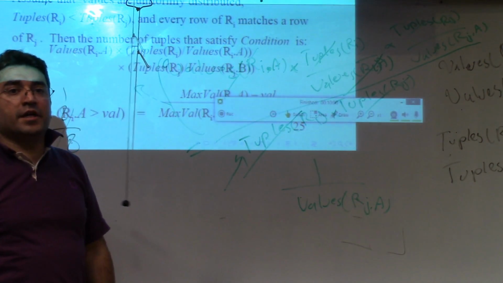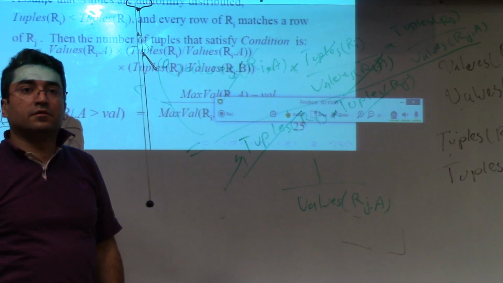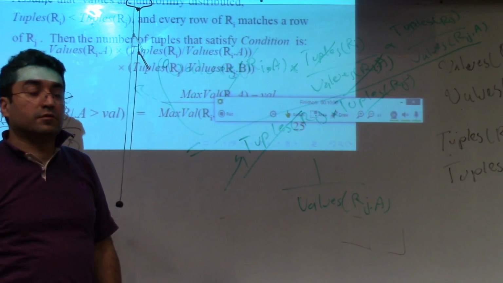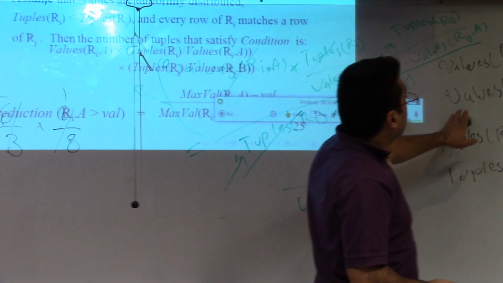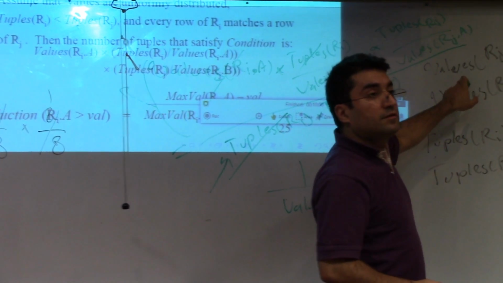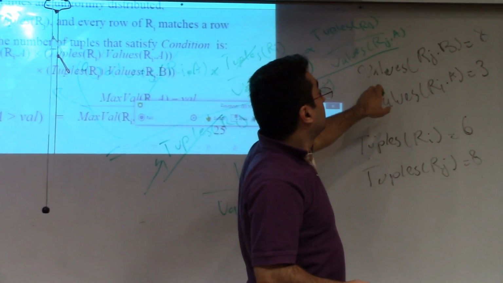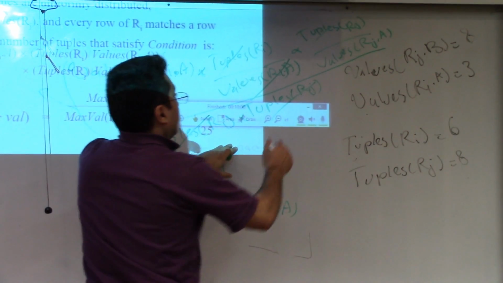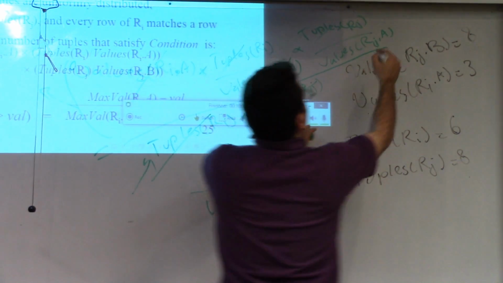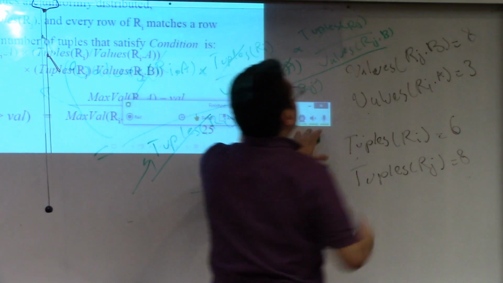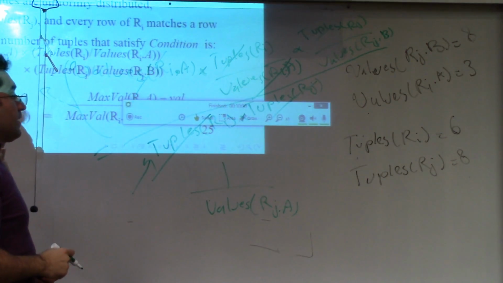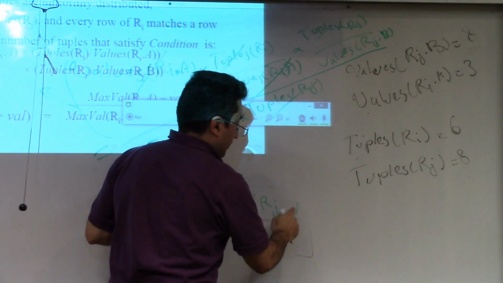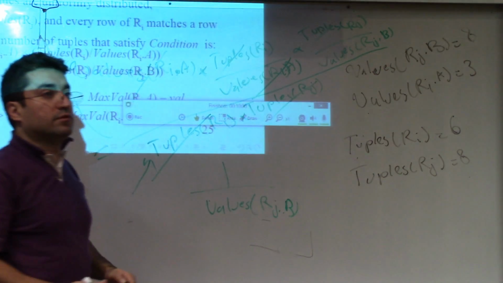What was the values of RJA? No, these are RJA. 8. Sorry, values of RJB. This should be, sorry, was my typo. What is the values of RJB? 8.